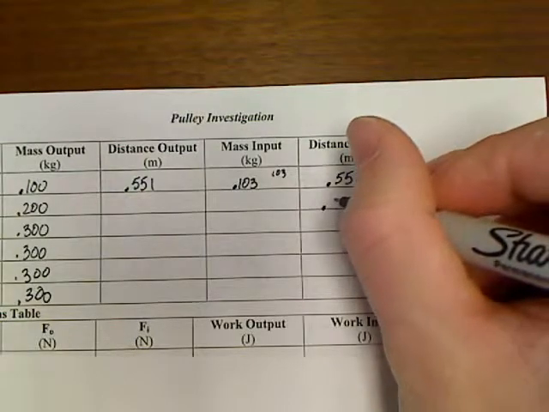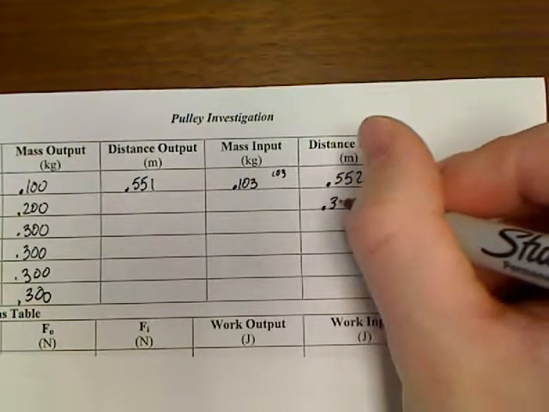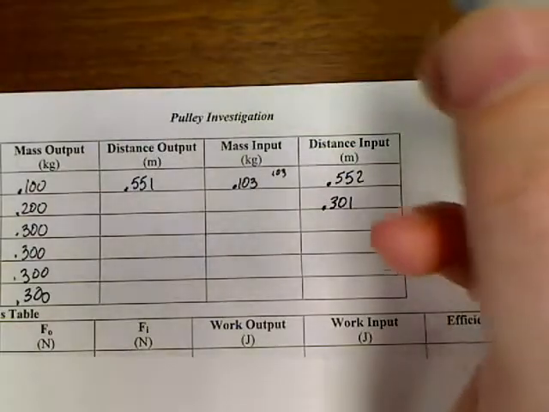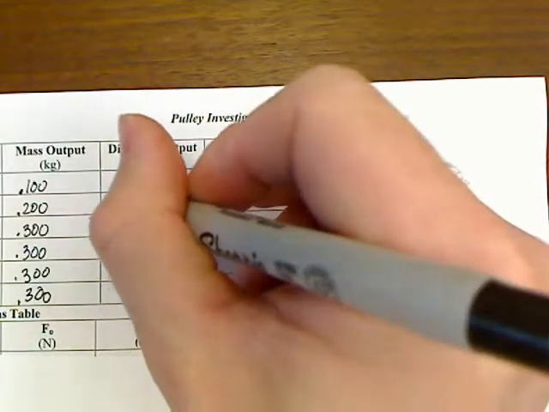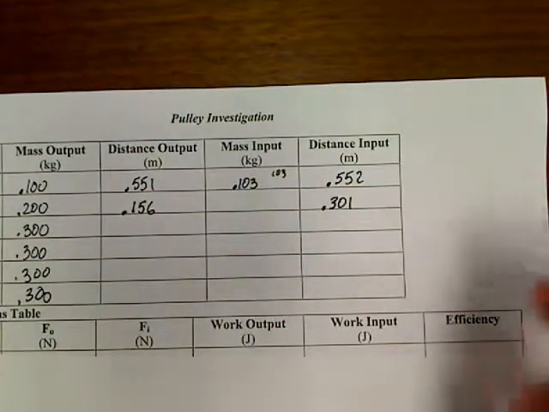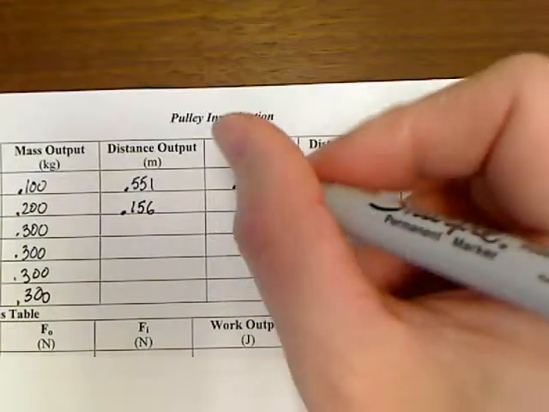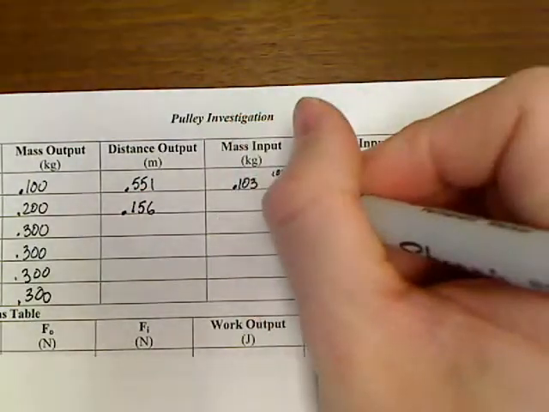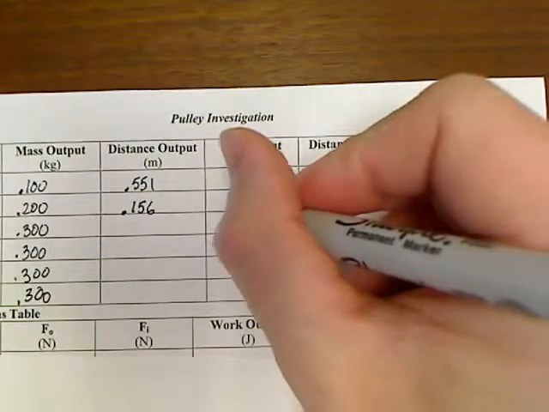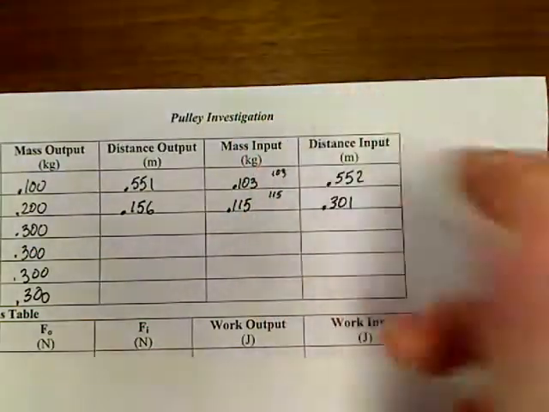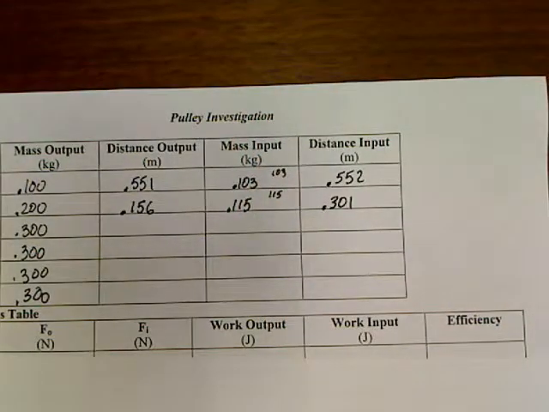If you had 0.301 over here, you probably should have got a measurement of like 0.156 over here. And I'm going to guess that it probably took about 115 grams to pick that up, so you might have had like 0.115 listed here. So anyway, that's basically how this works.